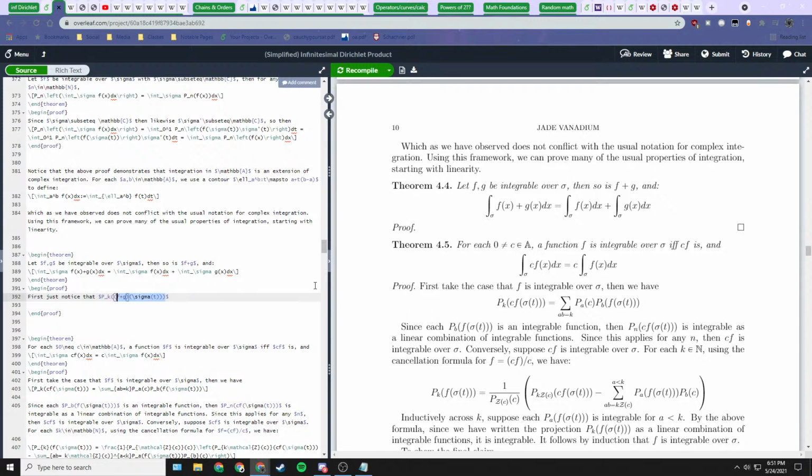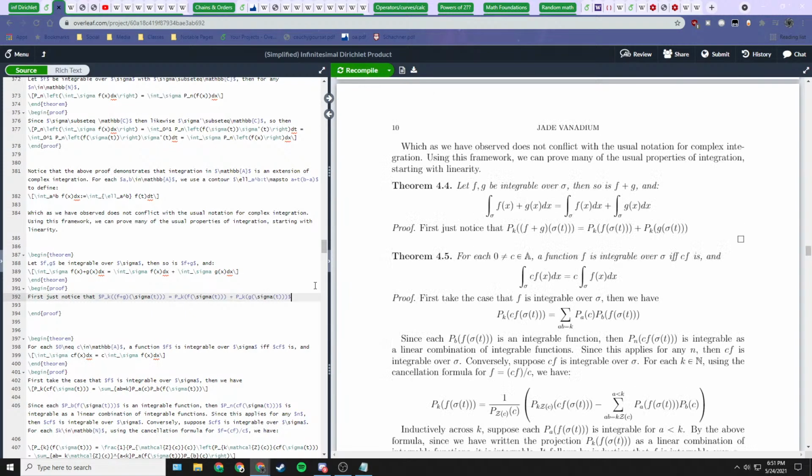This is just first with f and then with g. Right, so for each projection, f plus g evaluated at sigma t is just the projection of f at sigma t plus the projection of g at sigma t.